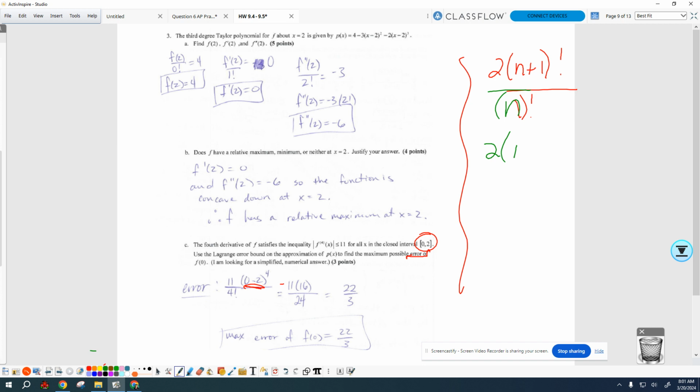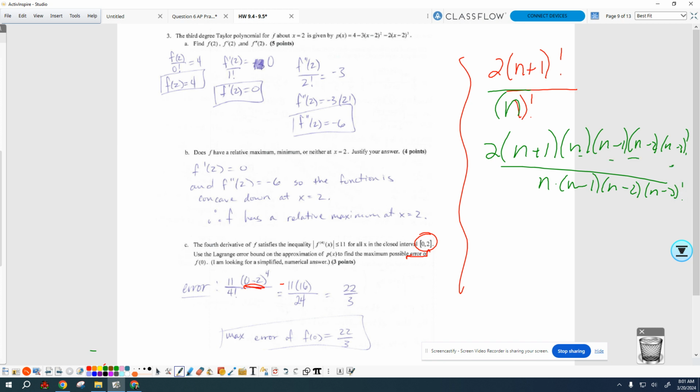So 2 times n plus 1 times n times n minus 1 times n minus 2 times, and run out of room, so n minus 3 on down, over n times n minus 1 times n minus 2 times, run out of room again. Did I need to spell all of those out, or could I have just left it as n factorial?